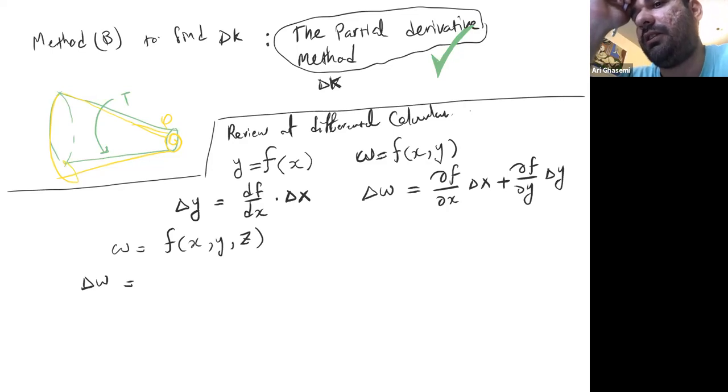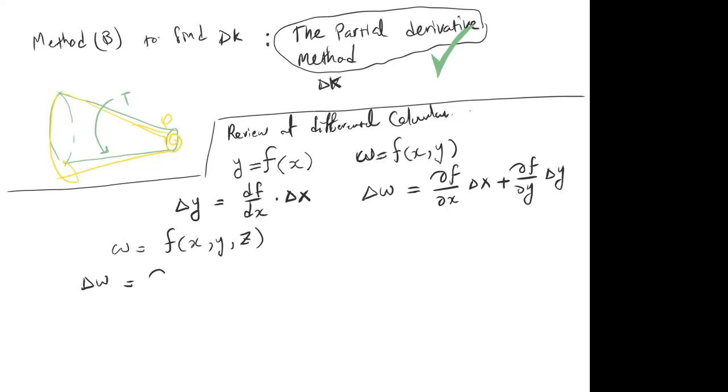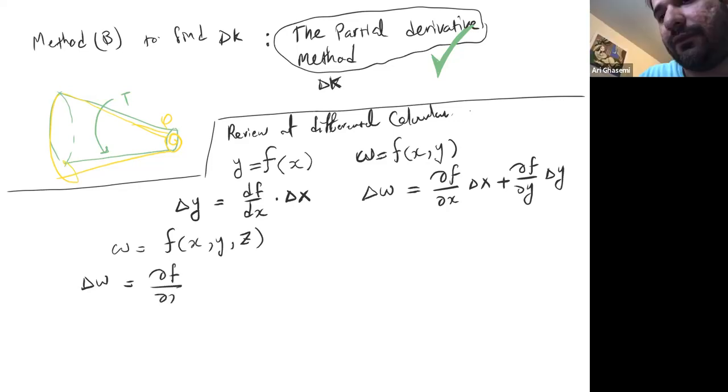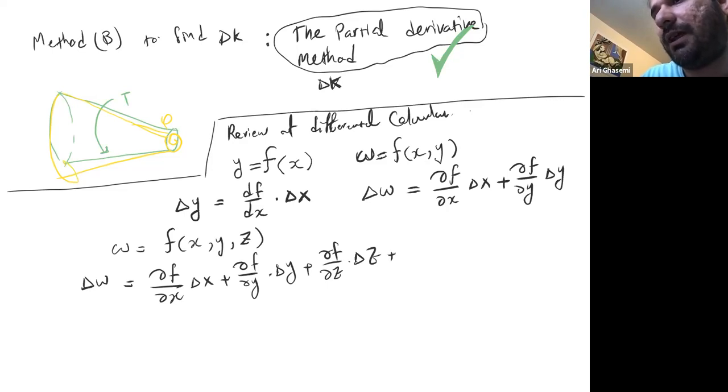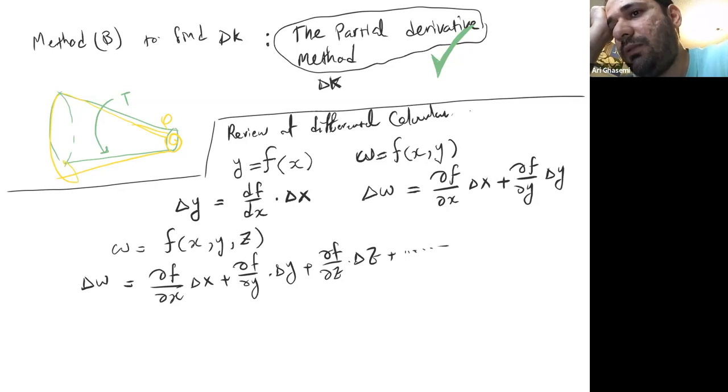So it's going to be partial f over partial of the first variable, whatever it is, delta x, plus partial f over the second variable, delta y, plus partial f over partial z, the third variable, delta z, and so on. It doesn't matter how many variables you have, right? You can generalize this to many, many variables.